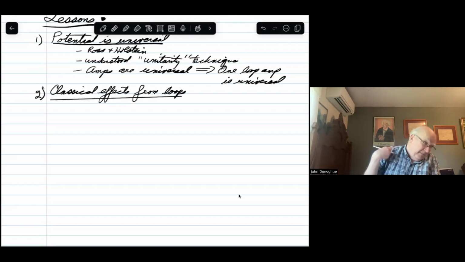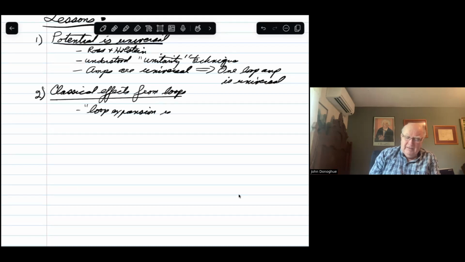Now, normally, one is told that the loop expansion is an H-bar expansion. But that's actually not true. It's often an H-bar expansion.